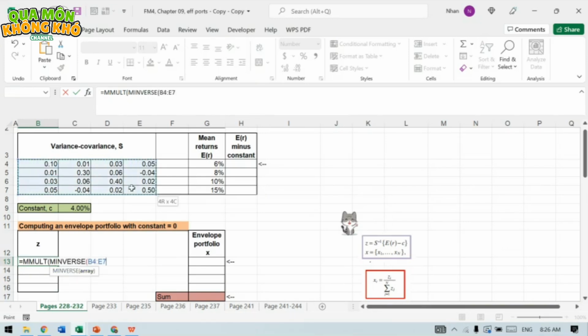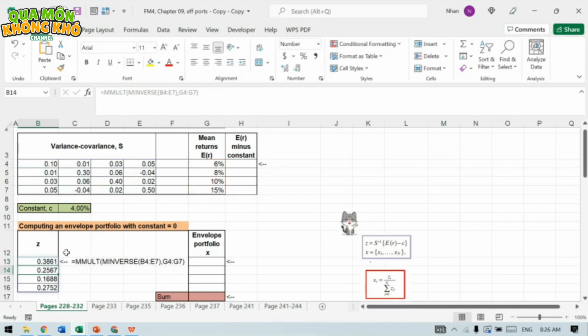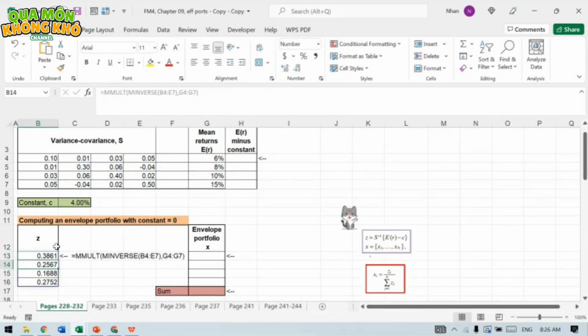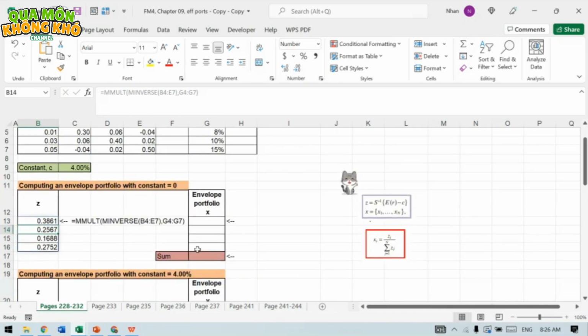For the expected return, because the constant here is equal to 0%, I just use the expected return here and enter. After I have the vector Y, I will find the envelope portfolio X based on the vector Y. I have the formula here, and I just apply it for Y divided by the sum of Y.